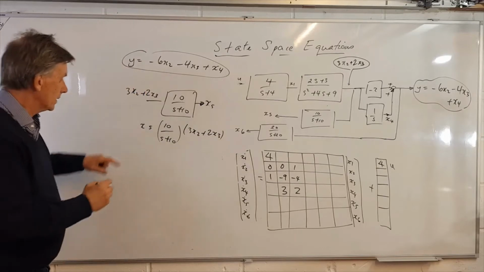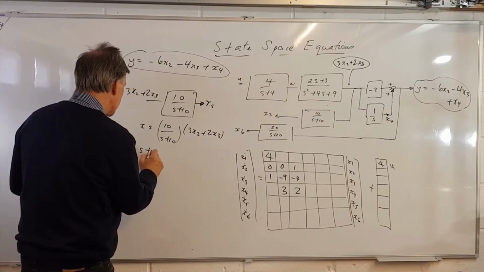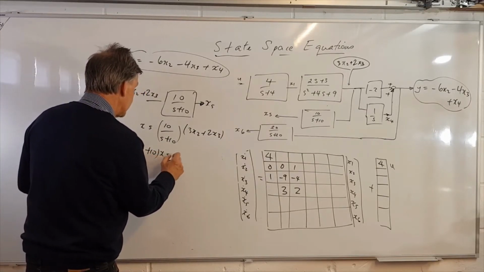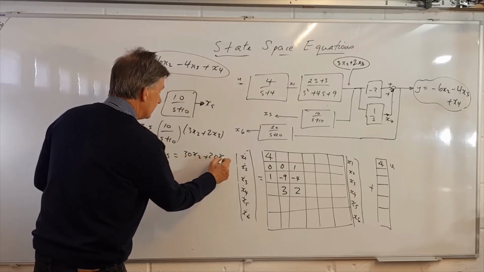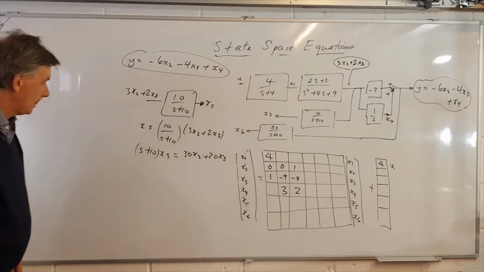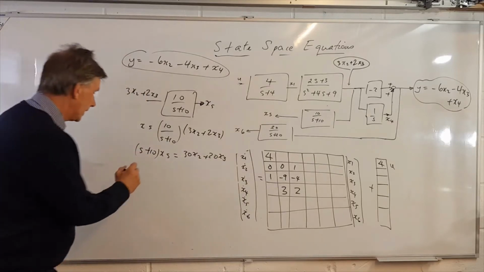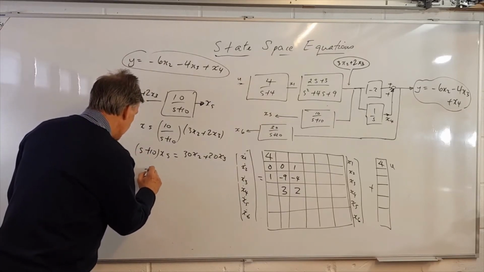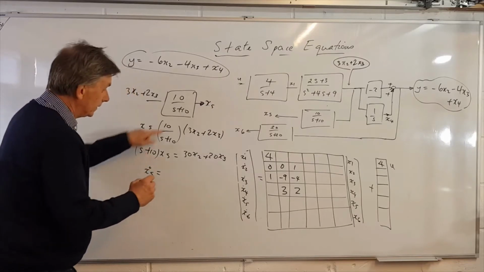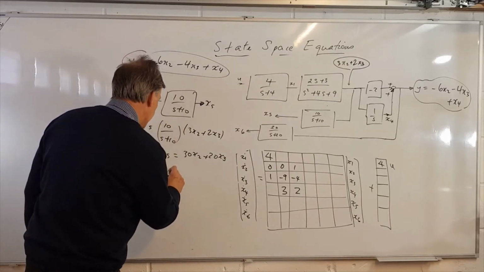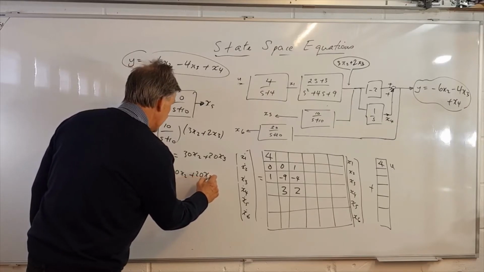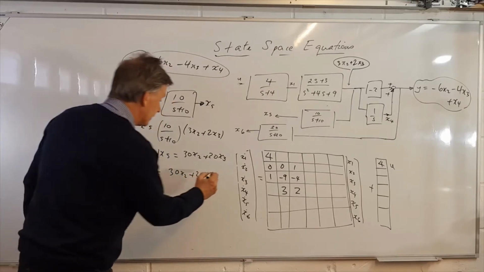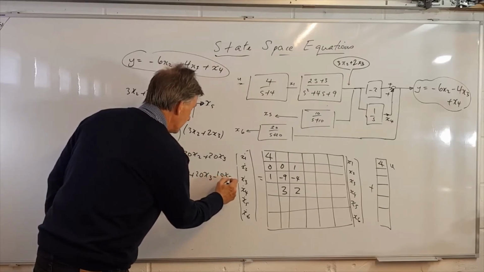Move this up here, so s plus 10 times x5 is 30x2 plus 20x3. S times x5 is x5 dot, so x5 dot is 30x2 plus 20x3 minus 10x5.